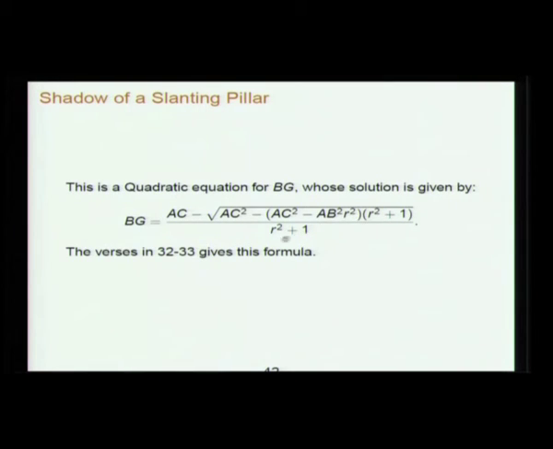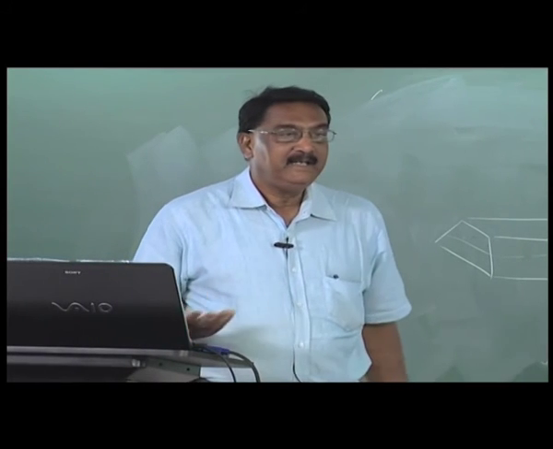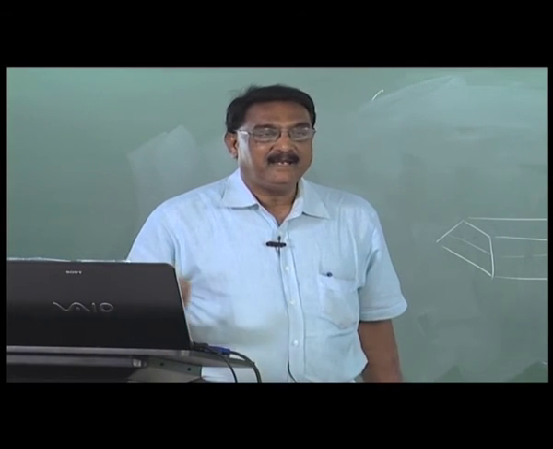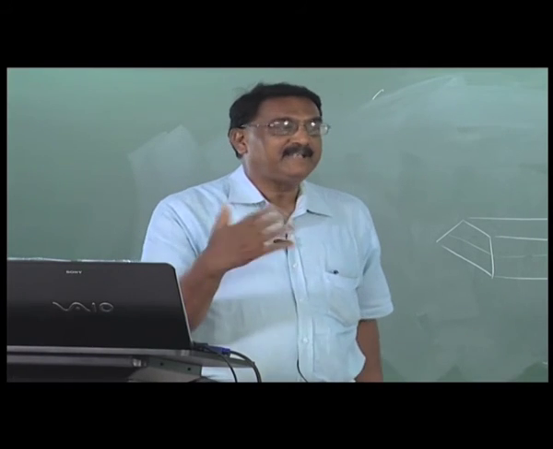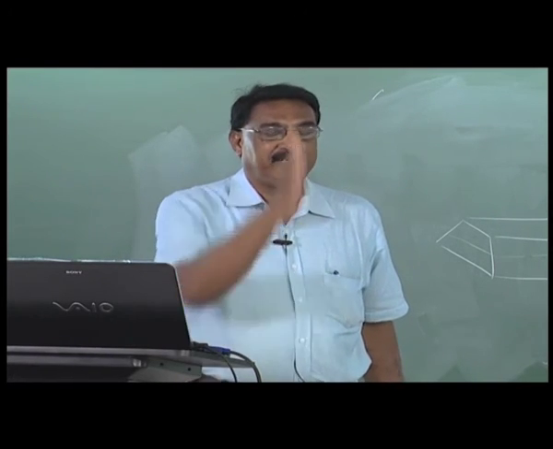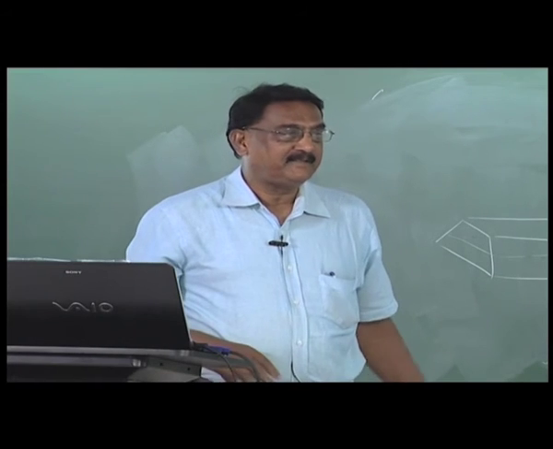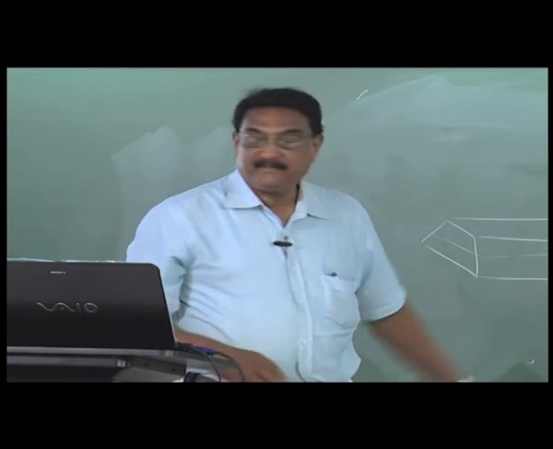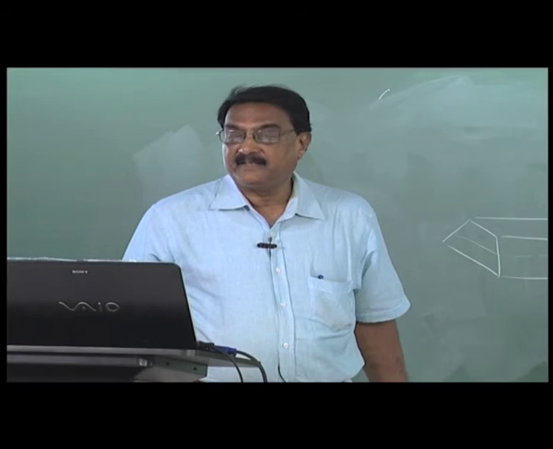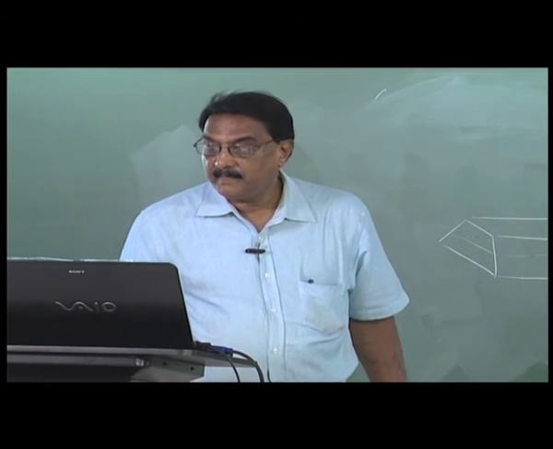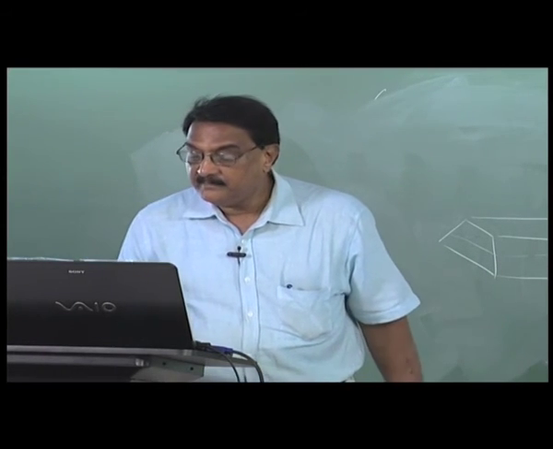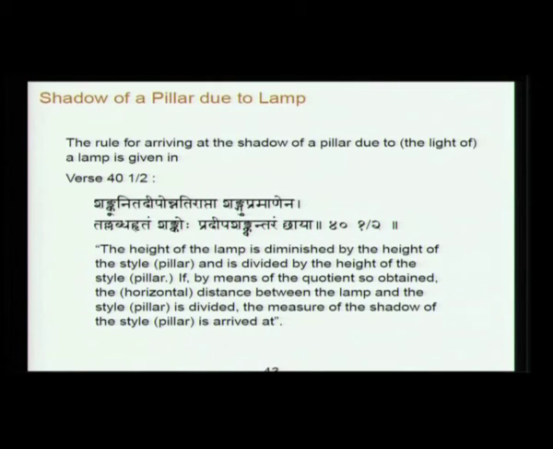If it is not slanting, the shadow by the height will be given by R only. Shadow by height is R if there is no slant; it is a vertical thing. But if it is slanting, it is different, and precisely this is the formula for that, and it satisfies the quadratic equation. So this is some kind of a new problem that he has discussed compared to the Brahmasphuta Siddhanta.